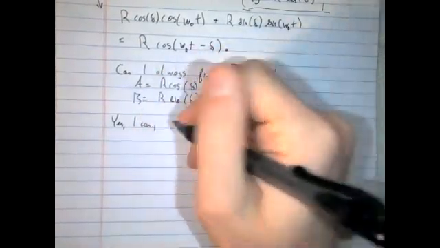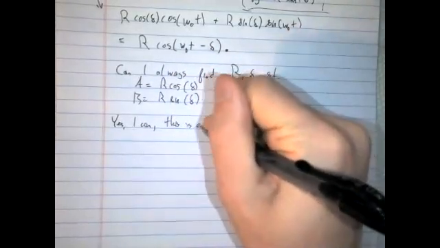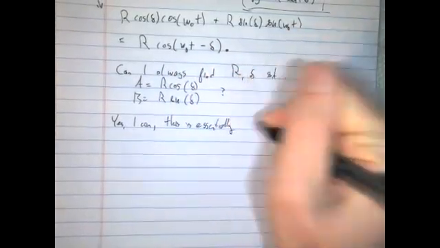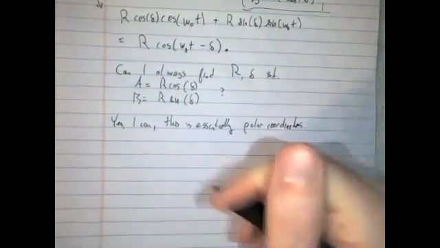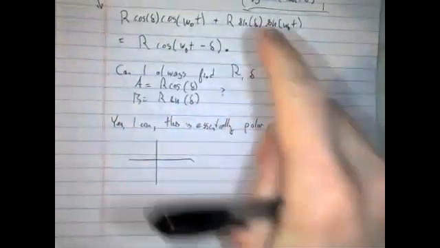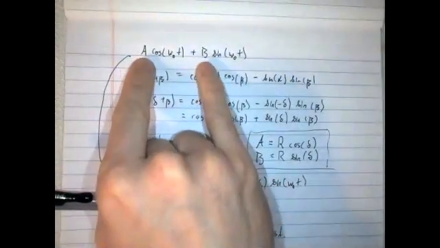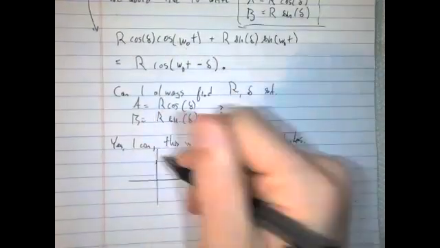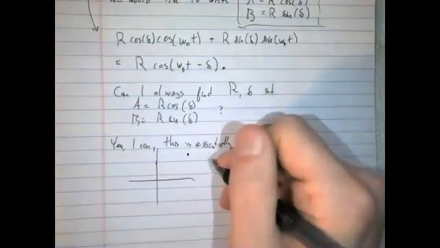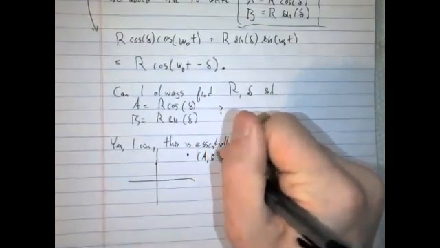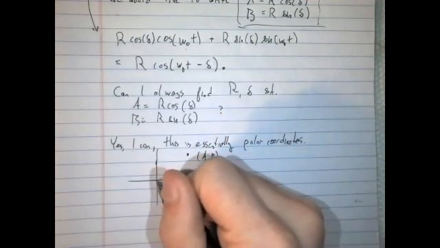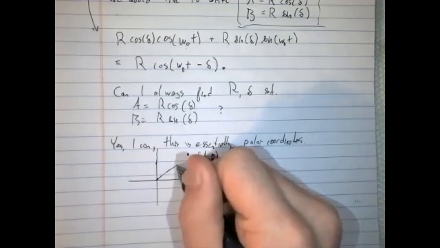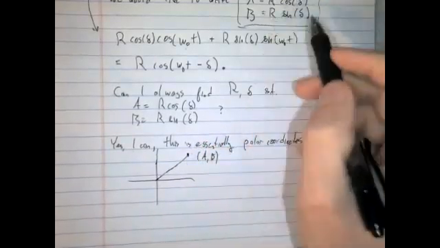Yes, I can. This is essentially polar coordinates. For any fixed A and B, which are just two numbers, I can make a tuple and put it in the plane with coordinates A comma B. And now all I'm asking is, can I find R and delta such that I can write A and B in terms of R and delta?